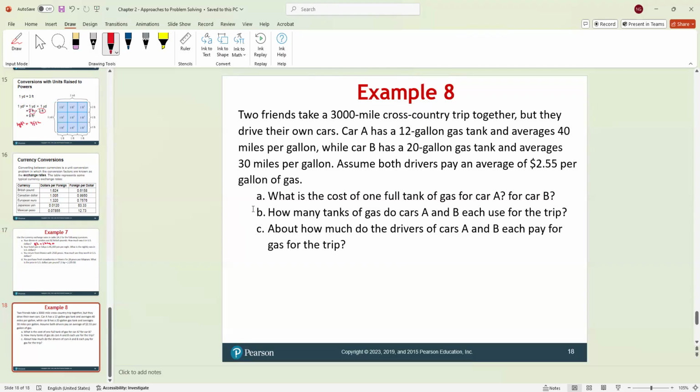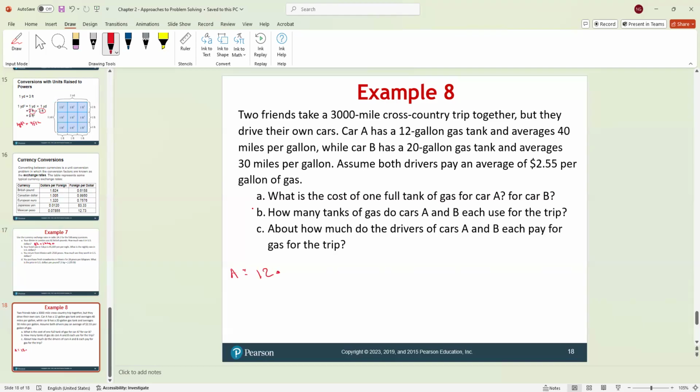So when you take those examples, I'm pretty sure that you can solve them. One full tank of gas for car A would be what? If you take car A, one full tank, remember, is 12 gallons.